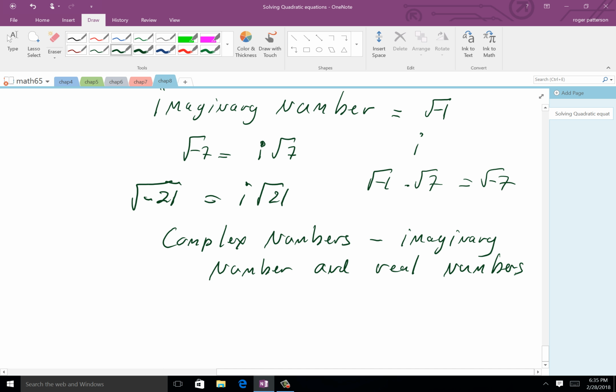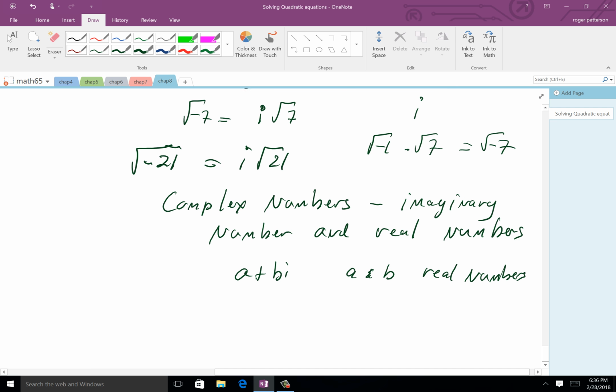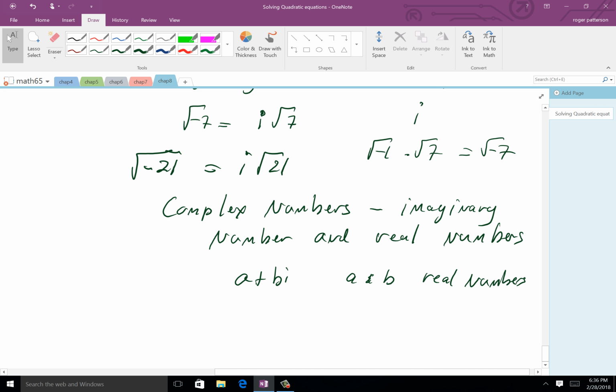A complex number takes the form a plus bi, where a and b are just real numbers, but the b has an i attached to it. Okay? So if you hear about a complex number system, that's just all the real numbers and the imaginaries. So every number that you've been taught about up to now is also complex, because complex can be any number.